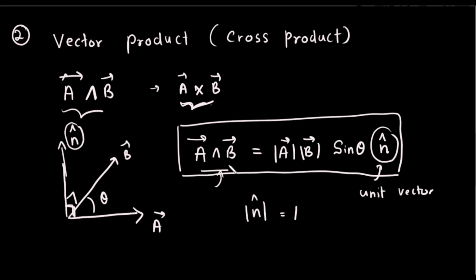When you find the cross product between two vectors, you have to find the magnitude of a and the magnitude of b and the angle between them. You always have to find the normal vector for the two vectors, which means a vector that is perpendicular to both a and b.